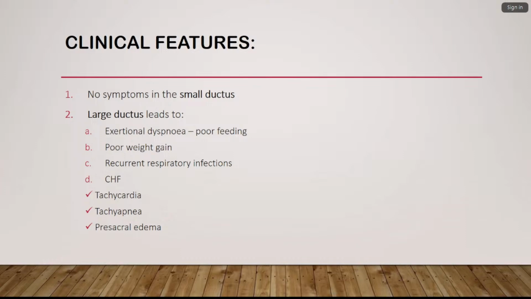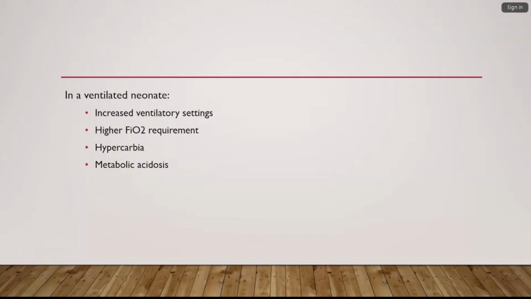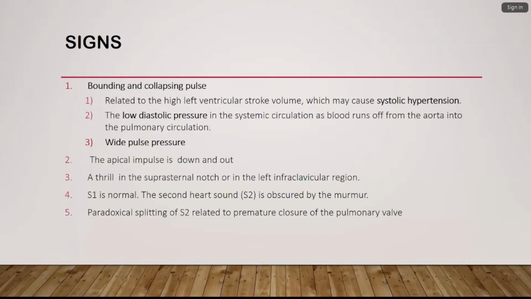There is poor weight gain, recurrent chest infection, and signs of congestive heart failure. In a ventilated neonate, we can get a clue if there is an increase in ventilator setting, high FiO2 requirement, hypercarbia, or metabolic acidosis. It gives a clue in a ventilated neonate.